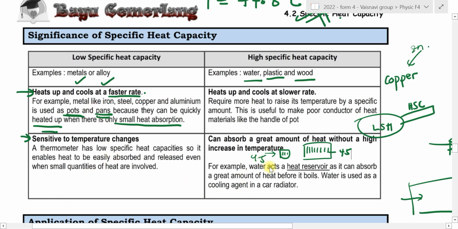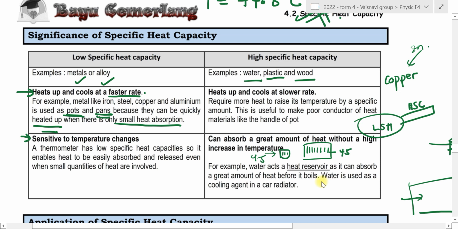So for example, water acts as a heat reservoir. Simpanan tenaga haba. Reservoir ni maksudnya simpanan lah. Water acts as a heat reservoir as it can absorb a great amount of heat before it boils. Water is used as a cooling agent in a car radiator, for example, because water is a high specific heat capacity material.